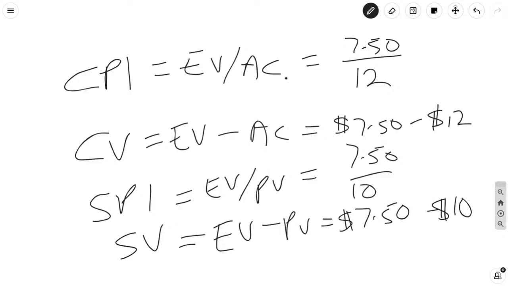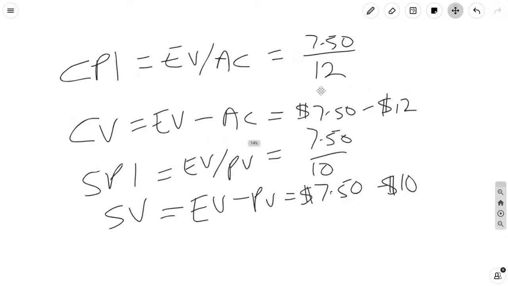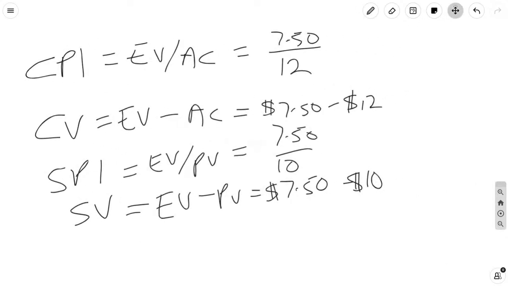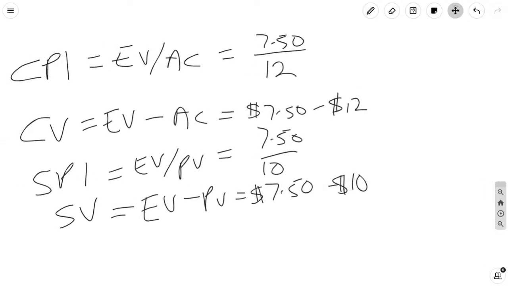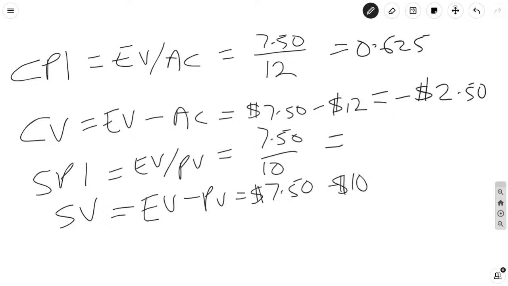Okay? When all is said and done, we use our trusty calculator here. 7.50 divided by 12 gives us, for this one, 0.625. For this one, we get a negative 2.50. For this one, we get a 0.75.